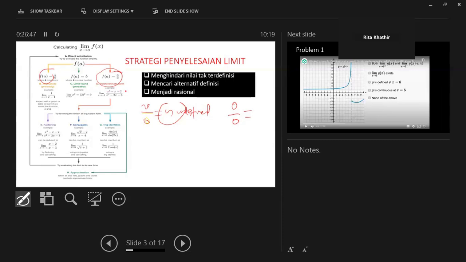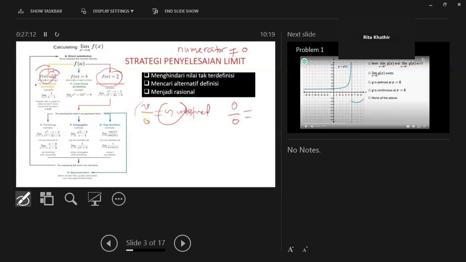But if you have a constant over 0, it is called an asymptote, probably, if the numerator is not 0.